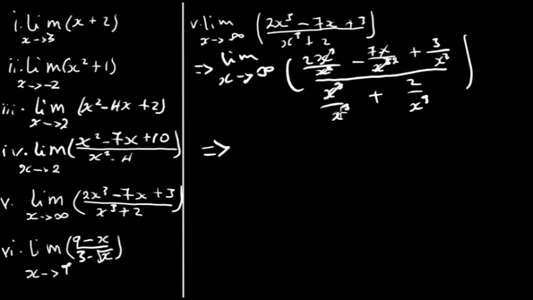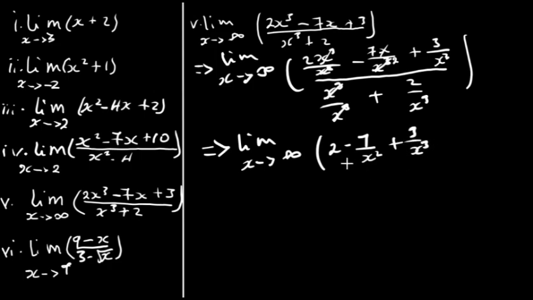Then here too, this can cancel out this, so it will be left with limit as x approaches infinity of 2 minus 7 over x squared plus 3 over x cubed, all divided by 1 plus 2 over x cubed. This is going to be the simplest form. That's why we simplify. This is the last function we are going to get after simplifying.